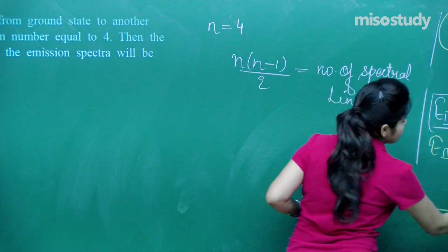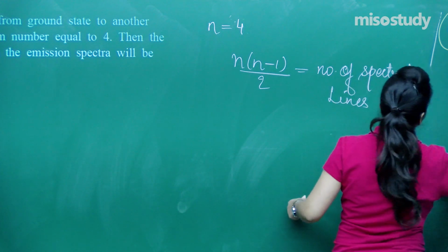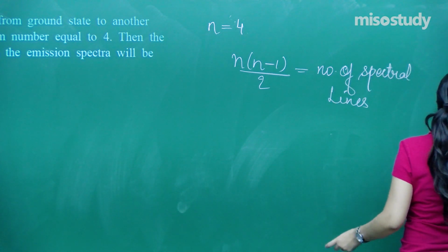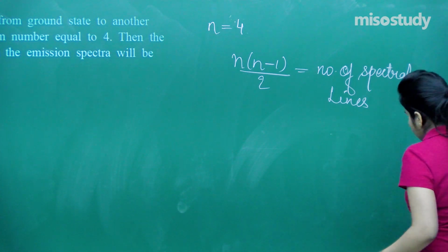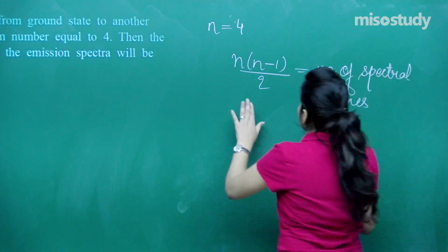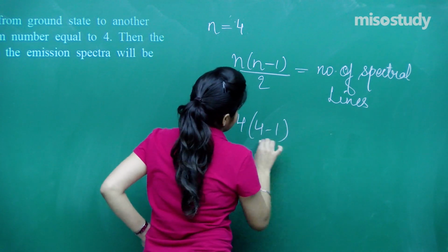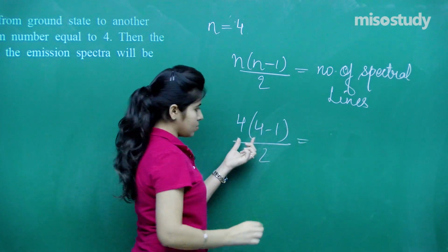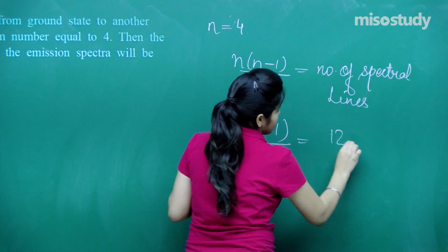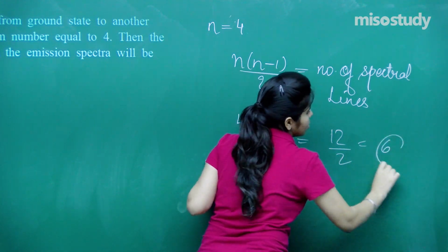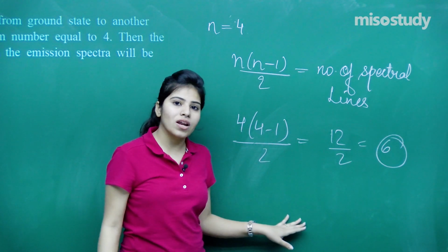So, we are going to put the value of n, because we have been given this value. Here your n is 4. So, put 4 into (4 minus 1) divided by 2, 12 by 2, that means 6. So, your number of spectral lines is 6.